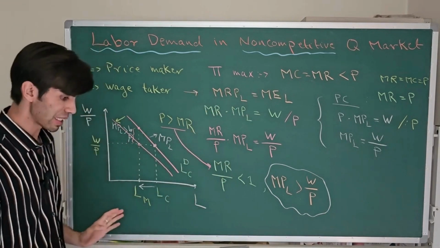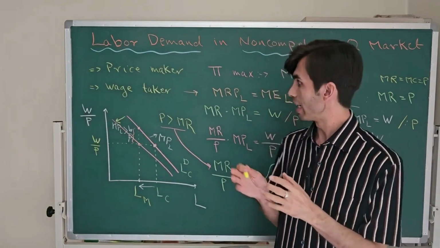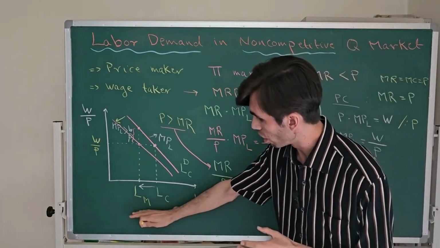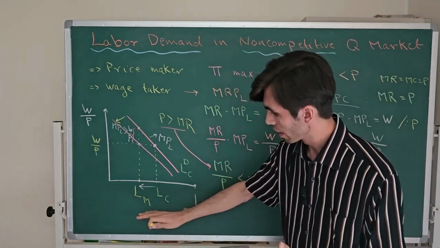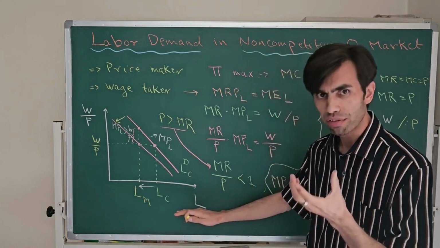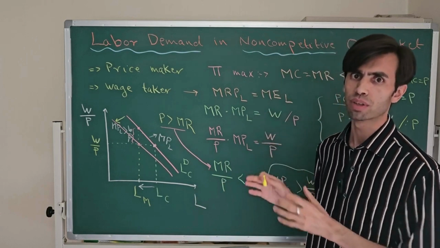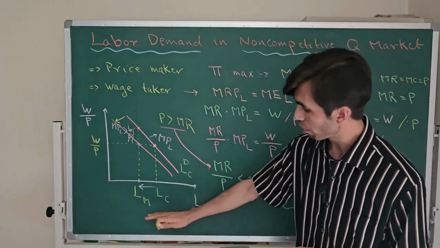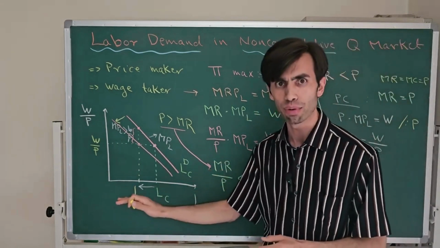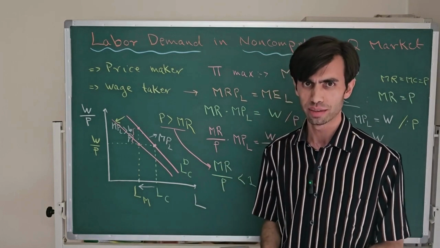So what does it mean? It means that a firm operating in a non-competitive output market employs less labor than when it operates in both perfectly competitive input and output markets. So the employment level for the monopoly is less than the employment level in the perfectly competitive labor market.